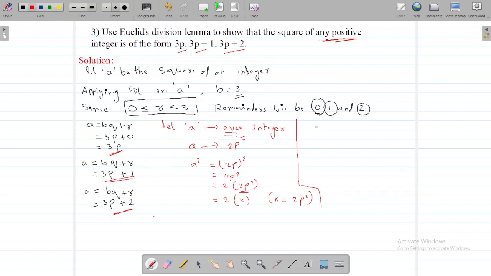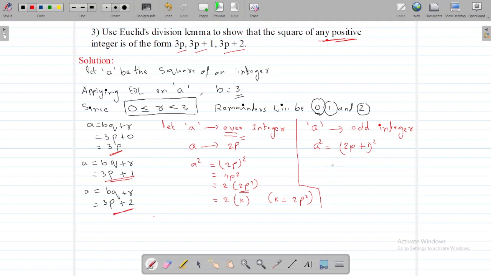So if the value of A is an odd integer, then here we will take the value of A as 2P plus 1 whole square, that is squaring on both sides.